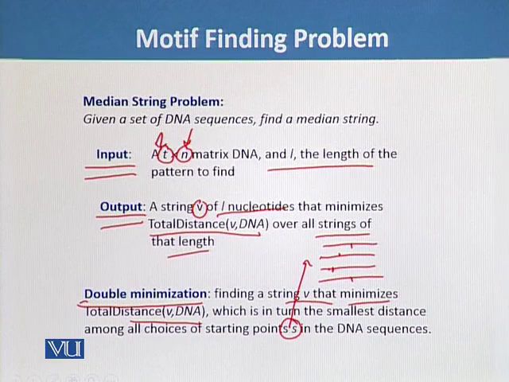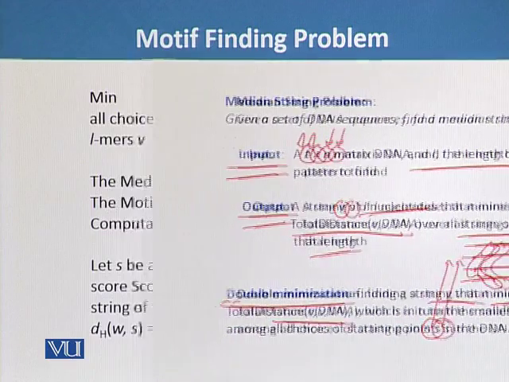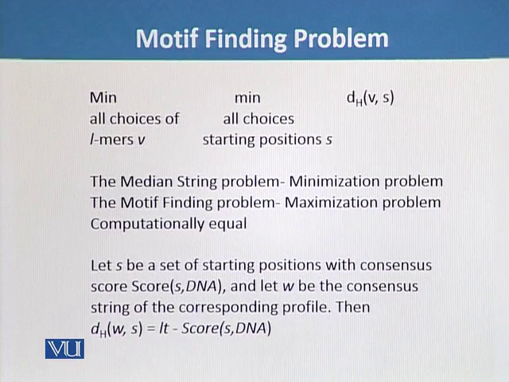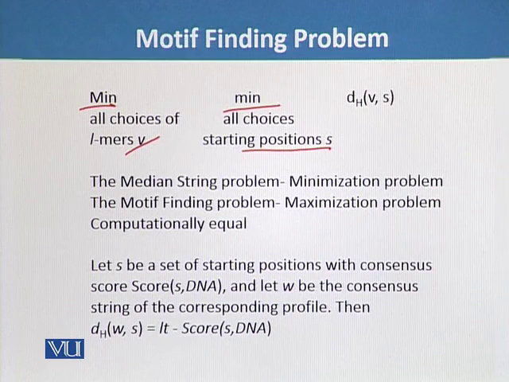So we have to calculate the minimum distance between these motifs within the DNA sequences. So we have seen earlier that this is a double minimization process. One minimization is over all choices of L-mers V, and the second minimization is over all choices of starting position S. So after this double minimization we will get the minimum Hamming score.